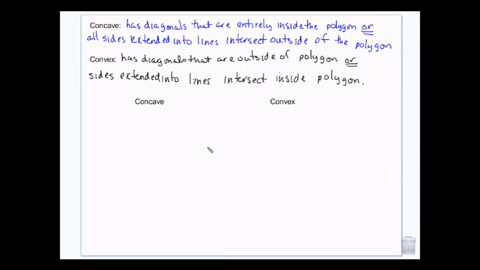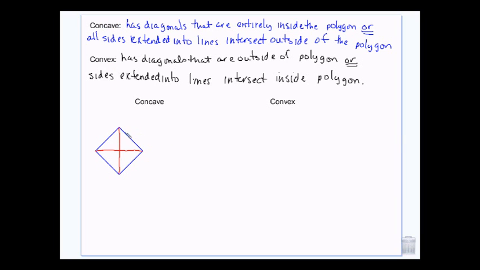There are two formal definitions for concave and convex. Okay, the first deals with the diagonals. If you are talking about a shape, the diagonals are the lines that go from one vertex to another. These red lines here would be the diagonals of this rhombus.